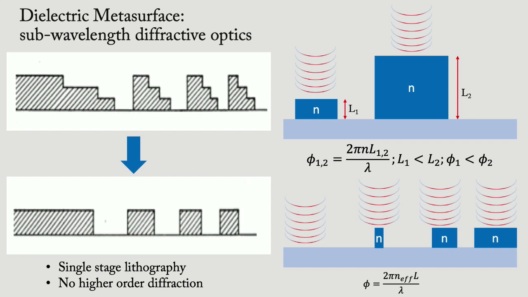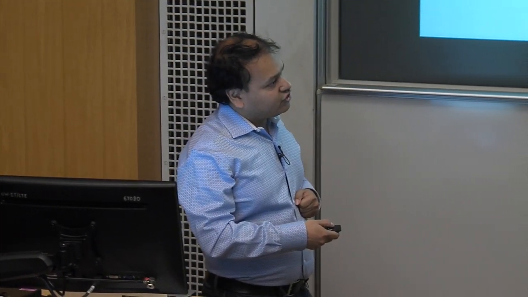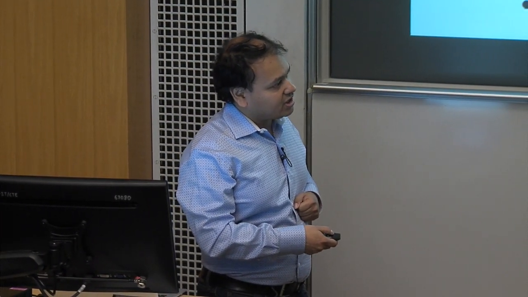So when it's reaching this really small scatterer, the light is actually seeing a medium that has some material with refractive index n and something that's air. So light is doing an averaging between this material that has refractive index n and the air that has refractive index 1. And that's how, by changing this lateral geometry, we are actually changing the effective refractive index, even when L is constant.